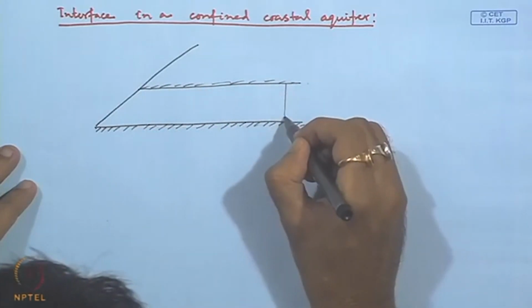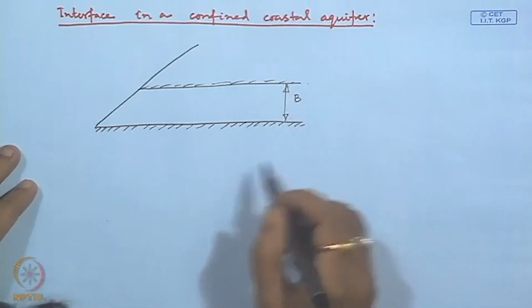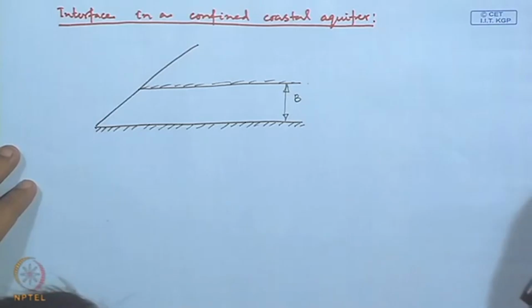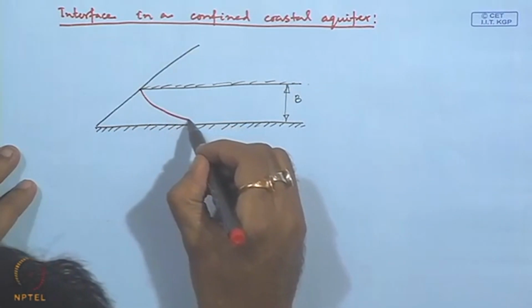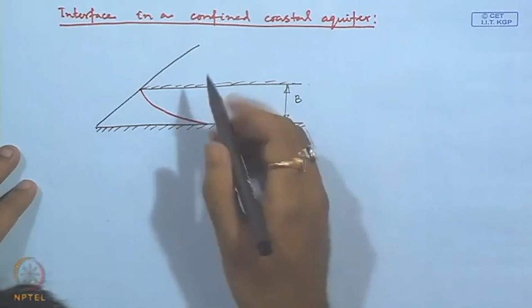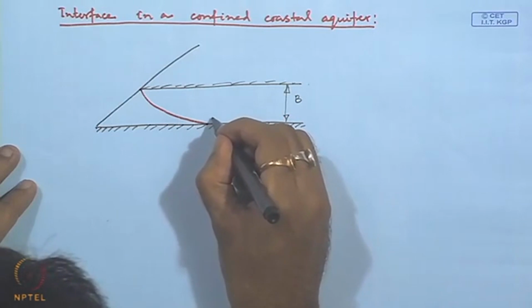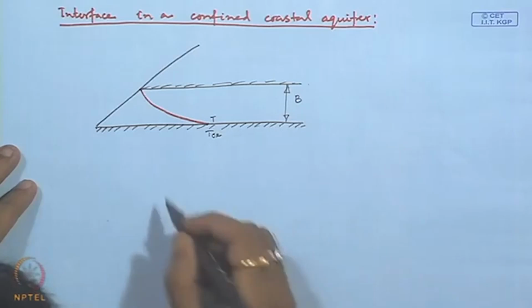The thickness of this confined aquifer is B. Again we have the interface. This point T, or capital T, is called the toe location.